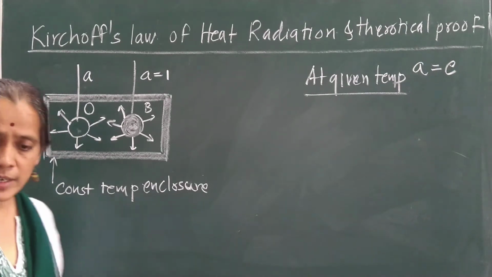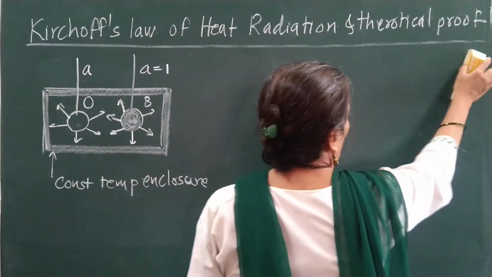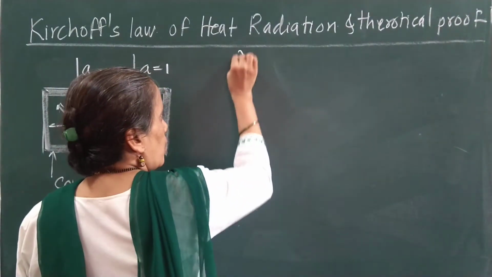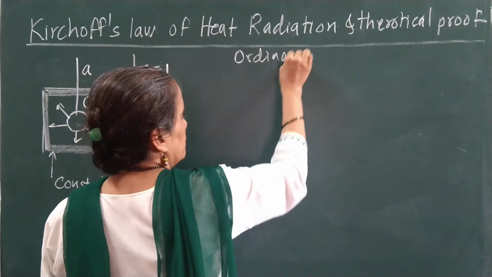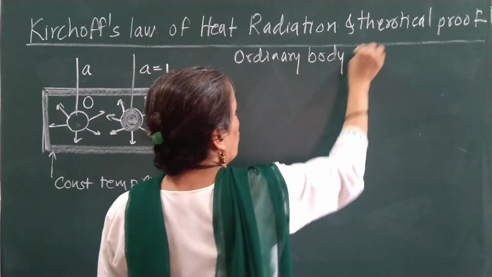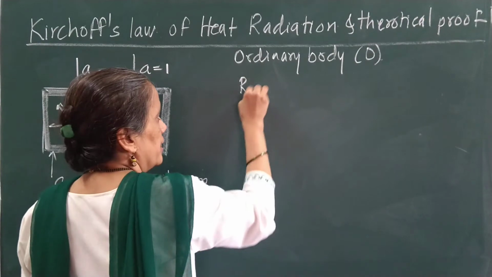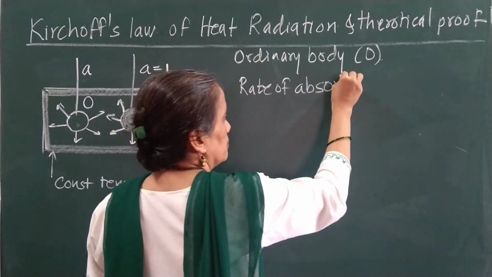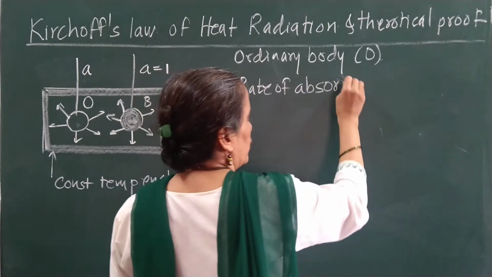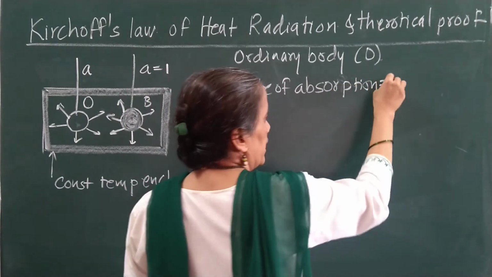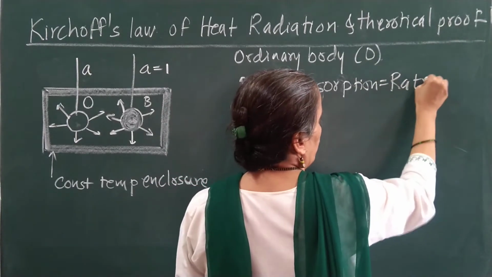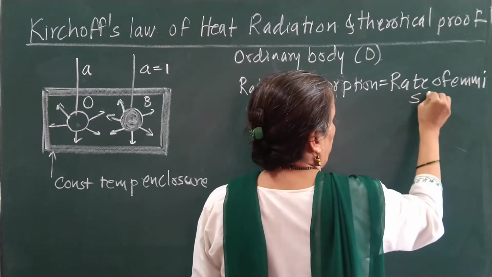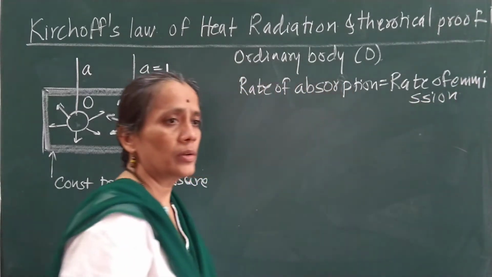So now, what I will write here first, I will write down for the ordinary body, that is the O body. What I say is that the rate of absorption is equal to the rate of emission. Right?